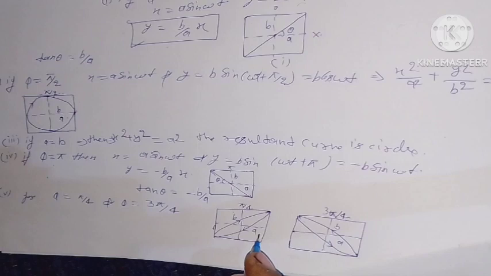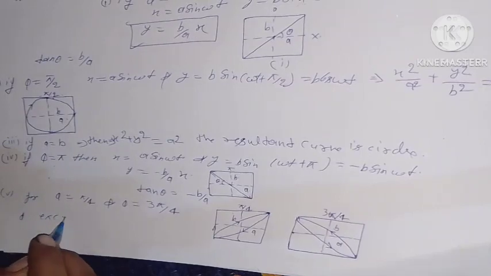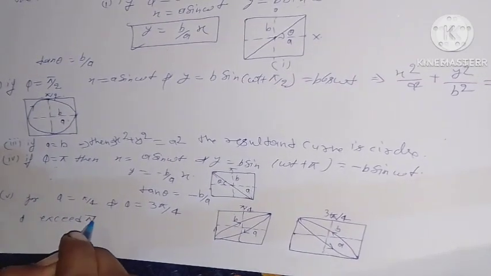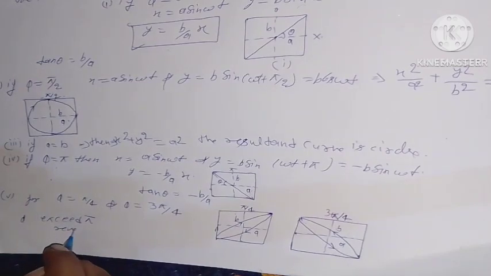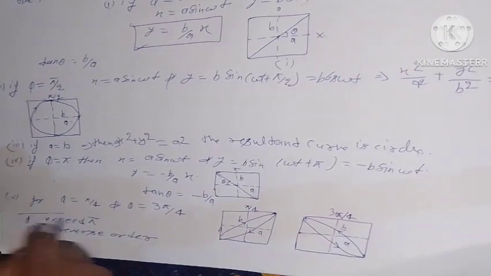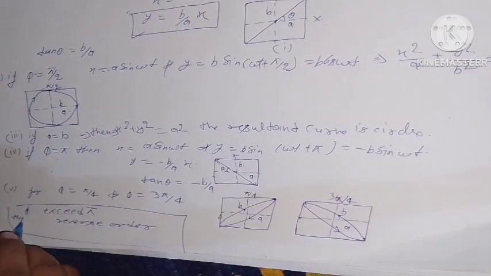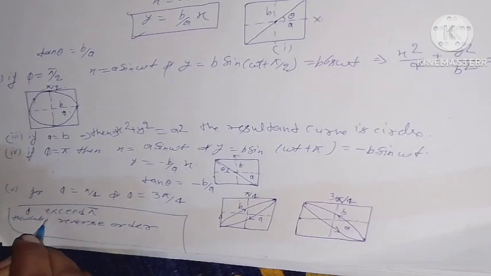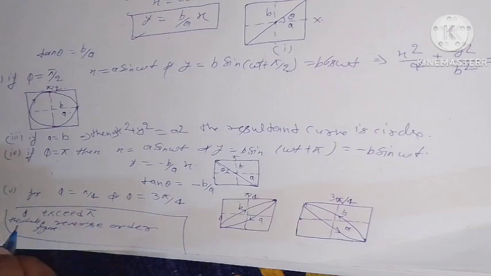This is important. If phi exceeds pi, the whole figure is repeated in the reverse order.